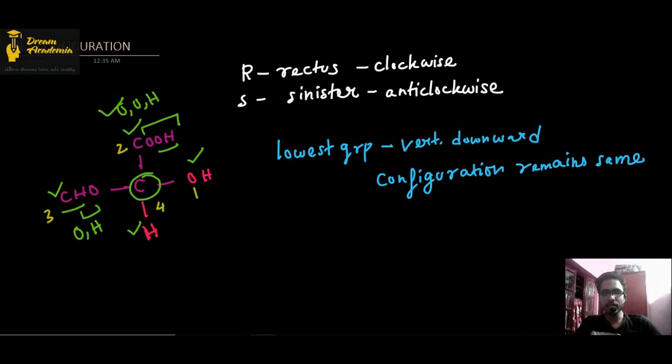Now if I consider the rotation here, it will be going like this. So this is anti-clockwise rotation, and as we all know, anti-clockwise rotation means S configuration and clockwise rotation means R configuration. So this will become S configuration and no change will occur in the configuration since this lowest priority group is in a vertically downward position.